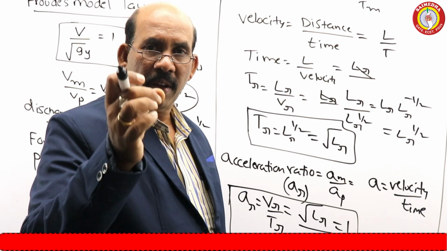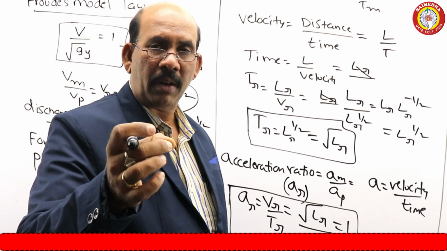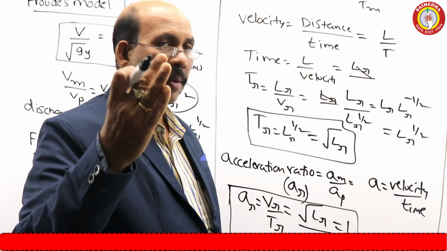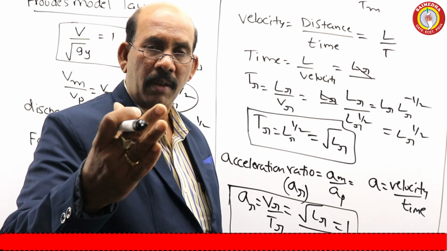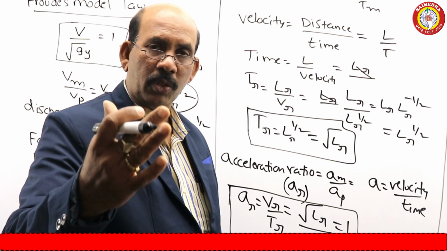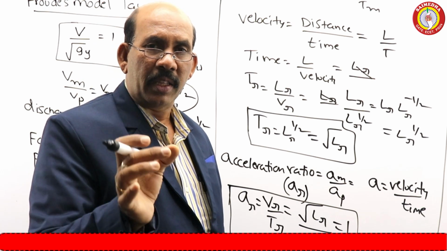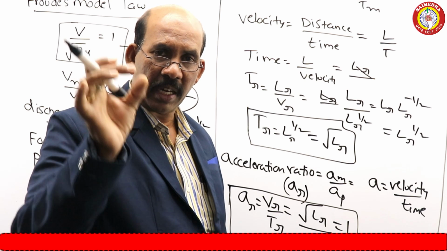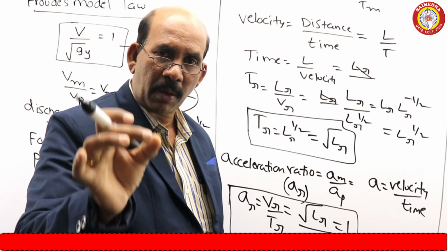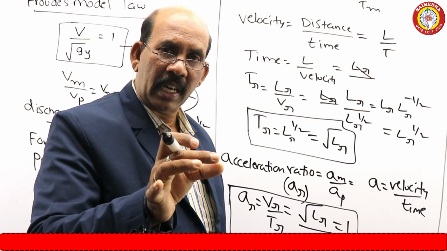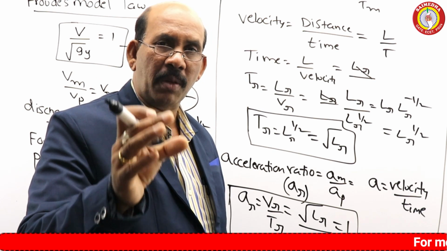Whenever you say flow, as I mentioned, there are two things. One is with reference to the discharge, that means the actual discharge, which is the discharge in the prototype, and the theoretical discharge, or the discharge in the model.